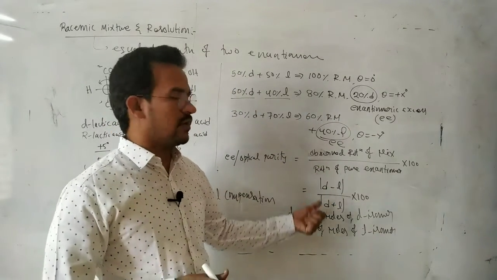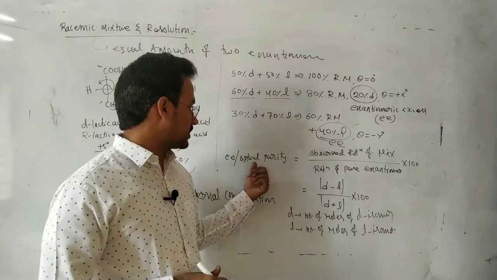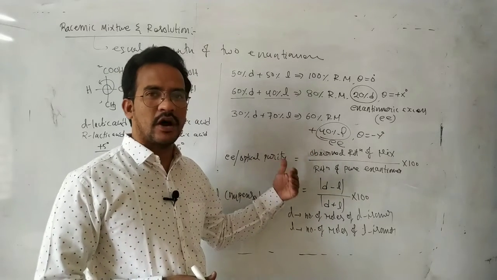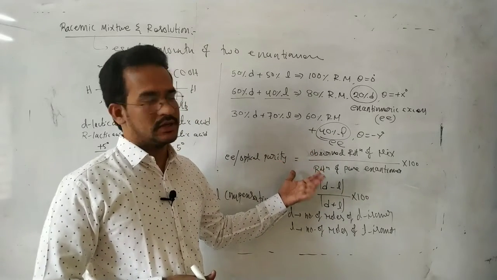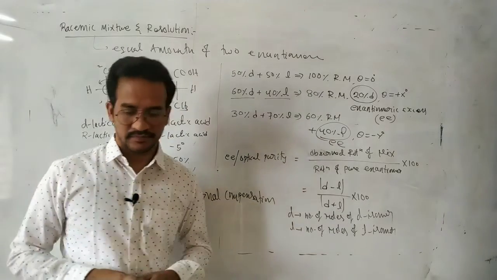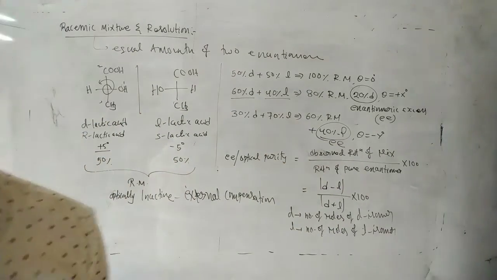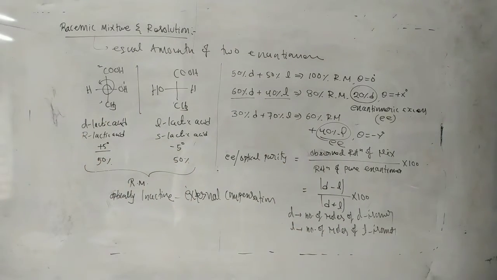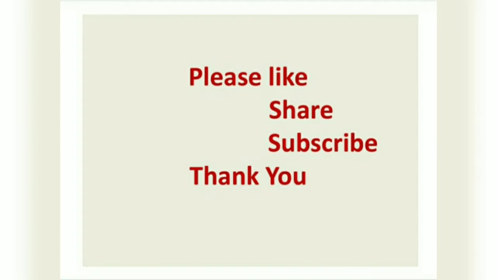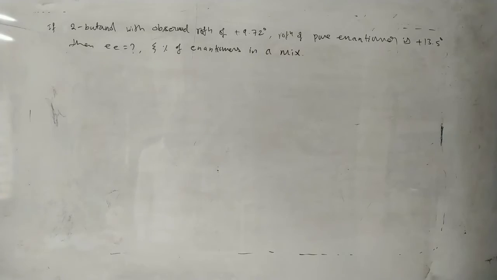By using this formula we can calculate the enantiomeric excess and optical purity. Let us do one problem on this. So this is the formula.